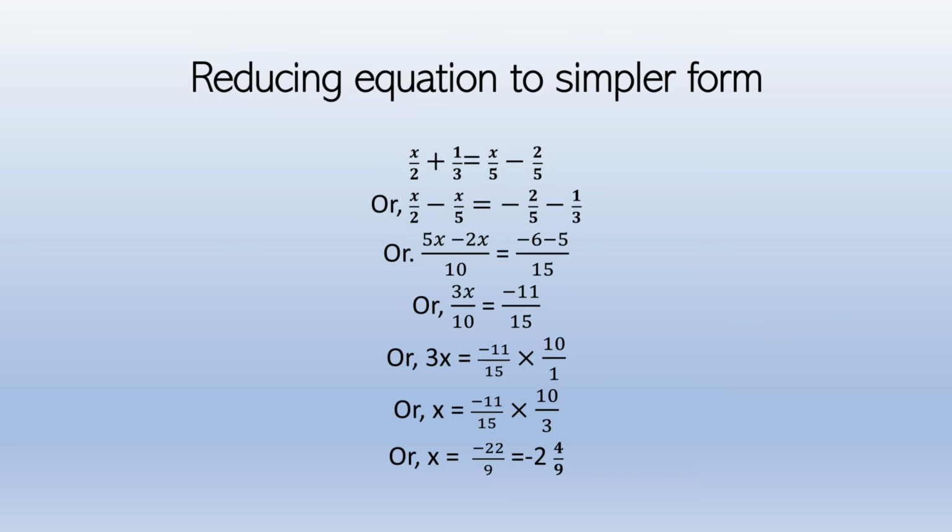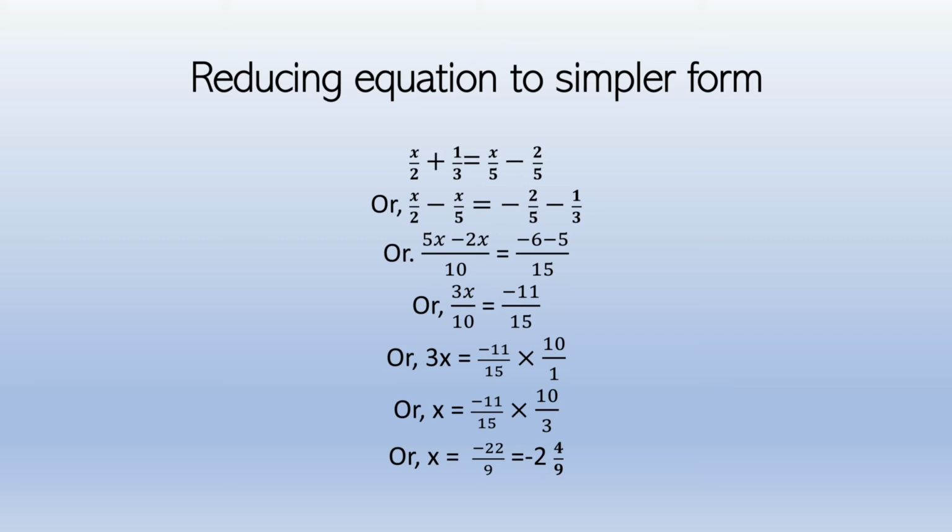On the right hand side, we can see the numerator minus 6 minus 5 and the denominator is the LCM of 5 and 3, that is 15. After solving this step, we get our next step as 3x by 10 equal to minus 11 by 15.